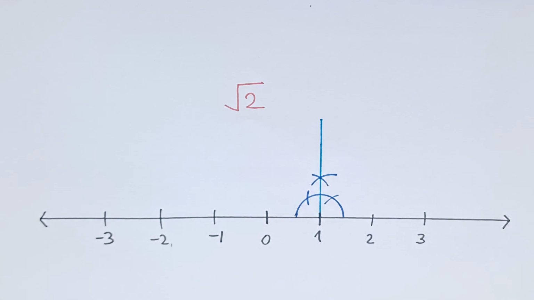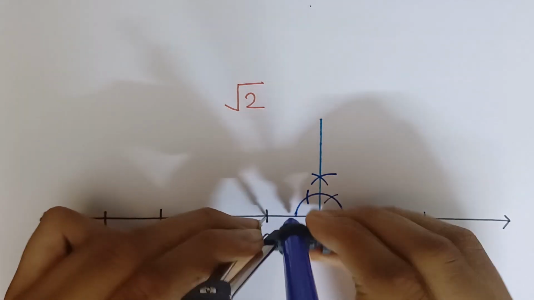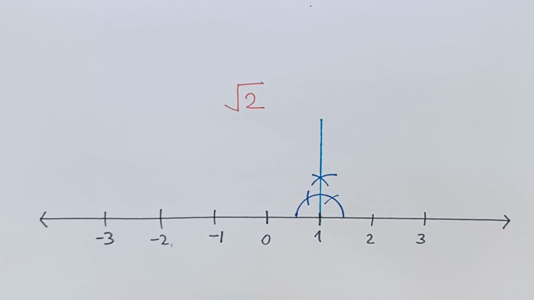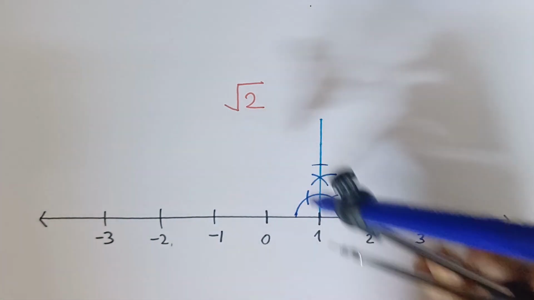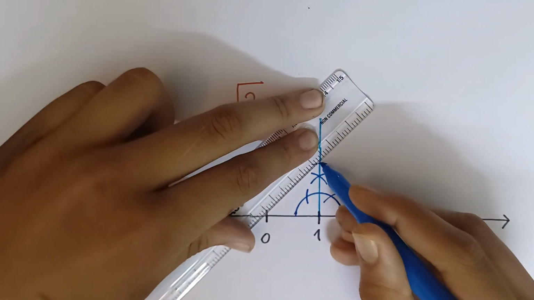Next, we need to take a length of 1 on our compass. We do that by placing the needle on 0 and the point on 1. Then we place the needle on 1 and mark the perpendicular. Finally, we make a line from 0 to the mark we made.